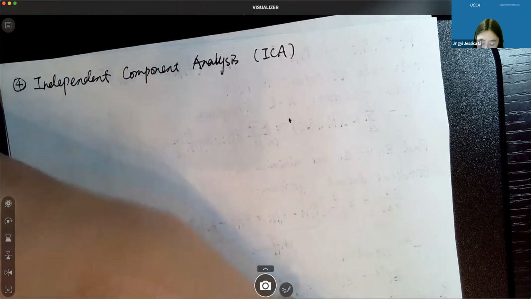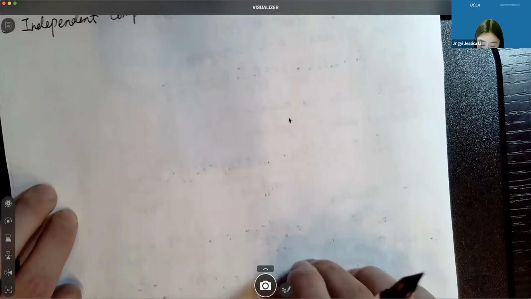Suppose you are measuring sound in a room, and you believe there are two people standing in front of microphones speaking simultaneously. Those two sources are independent: what person 1 speaks has nothing to do with what person 2 speaks.